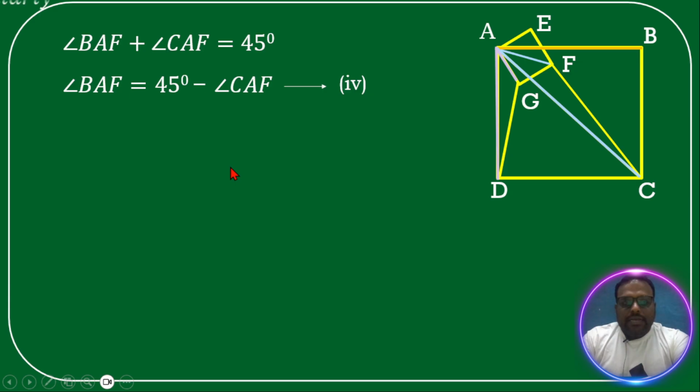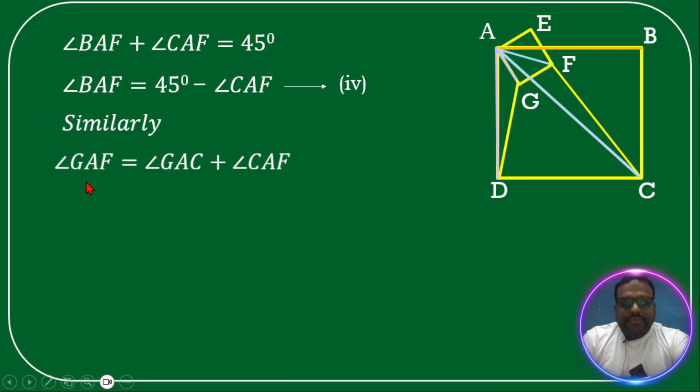Now similarly, one more scenario we will apply. GAF is also 45, right? Because AF is a diagonal, angle A is 90. Previously we got angle GAF and angle FAE as 45 each. Now GAF is also a combination of two angles, GAC and CAF, right? So GAF is equal to GAC plus CAF.